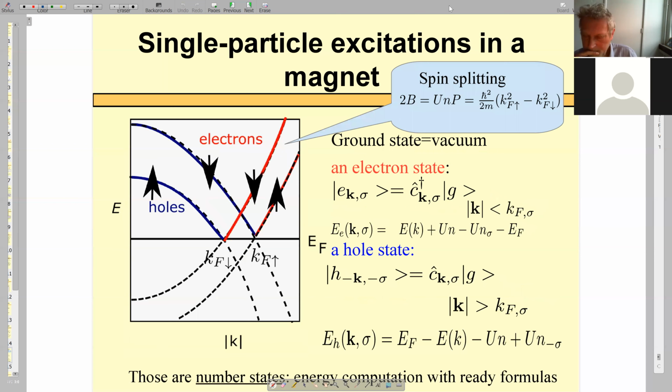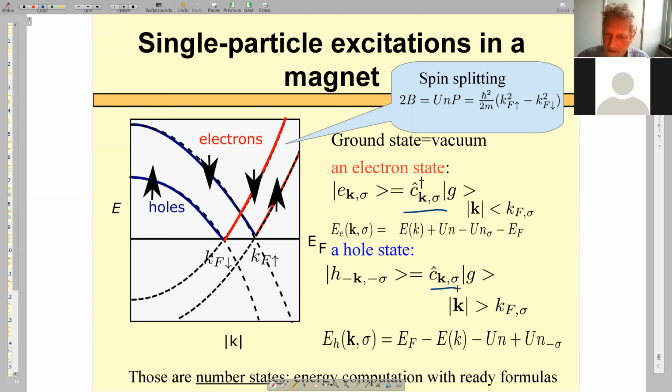The picture gets a bit complex, but still we can easily comprehend it. First of all, how to compute that? In any case, we are working with number states. If we create or annihilate an electron, we just go with the same expressions which we have computed. Now we need to compute the differences of energies corresponding to the addition of an electron and extraction of an electron.